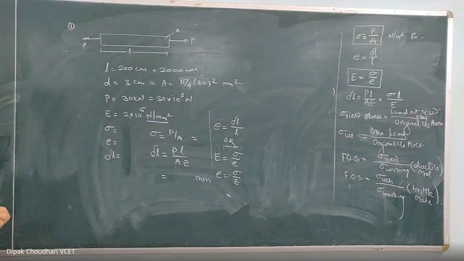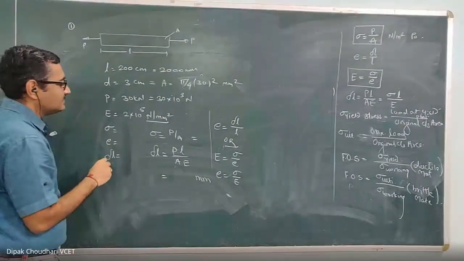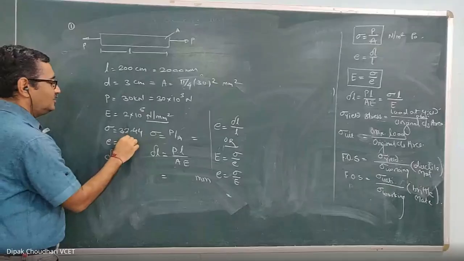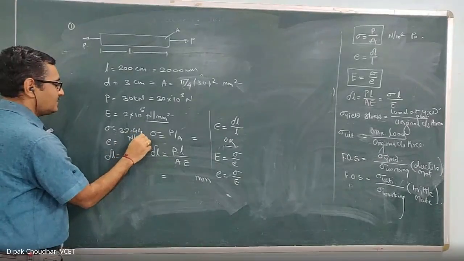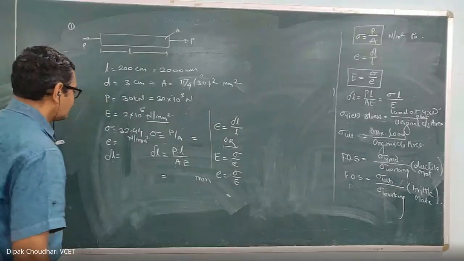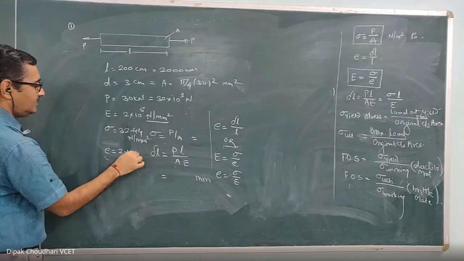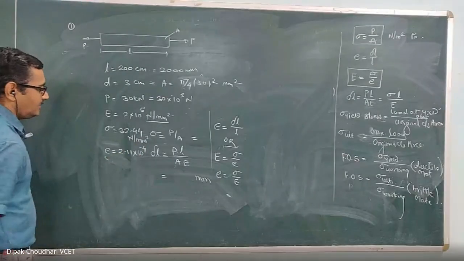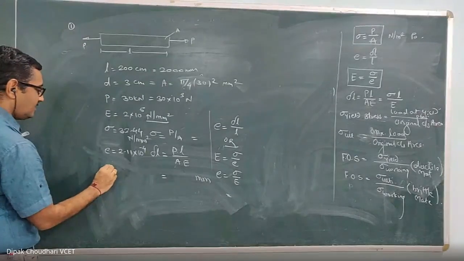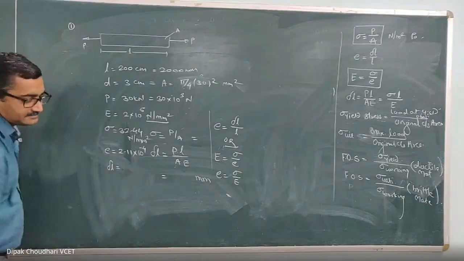Okay. Tell me, Rahul, how much is the stress? 42.4444 Newton per millimeter square. Strain? 2.11 into 10 raised to minus 4. Okay. Strain has no unit. And change in length?